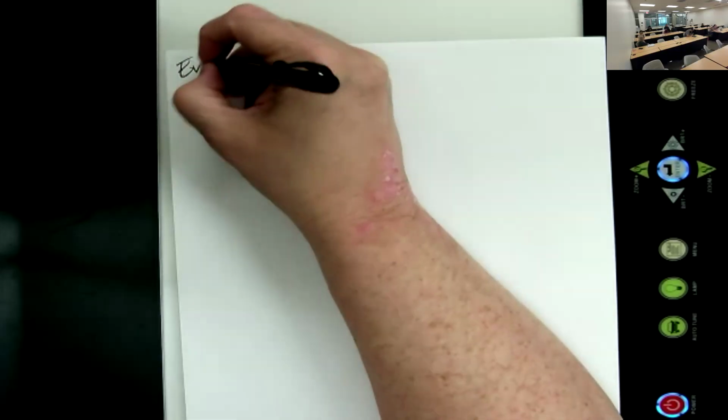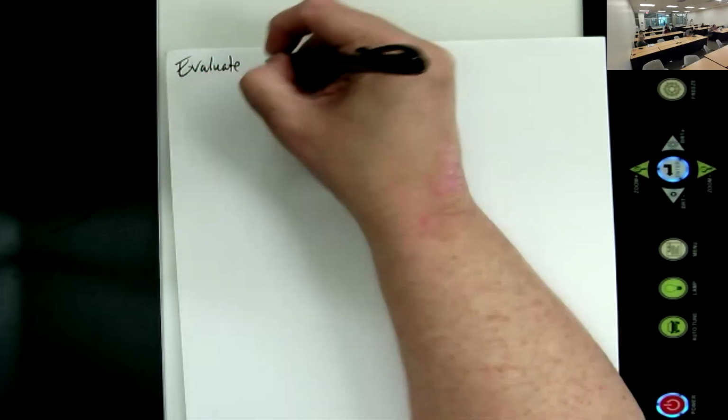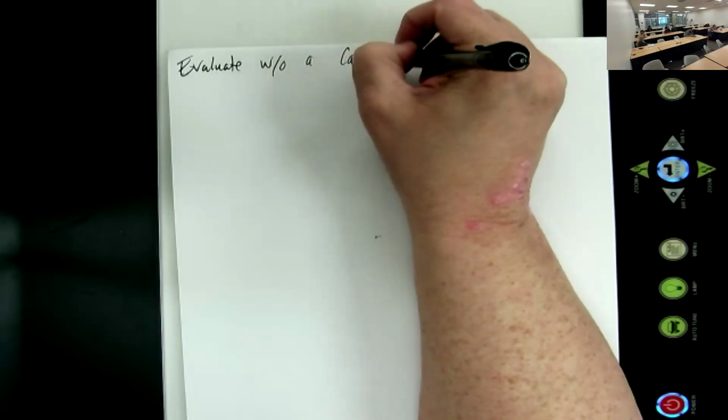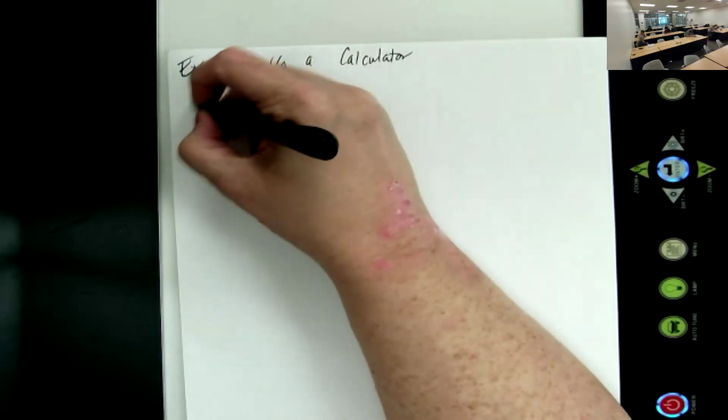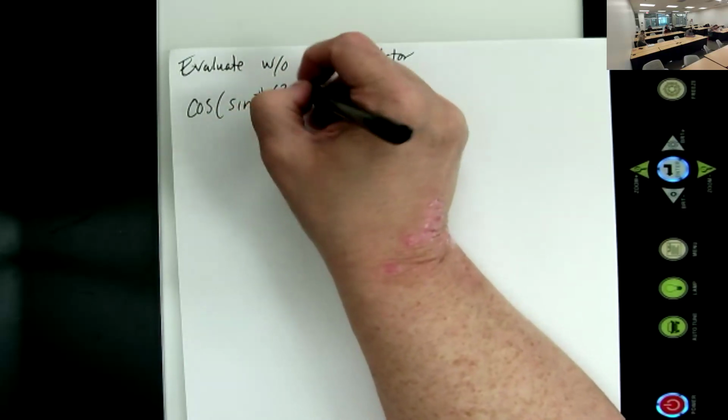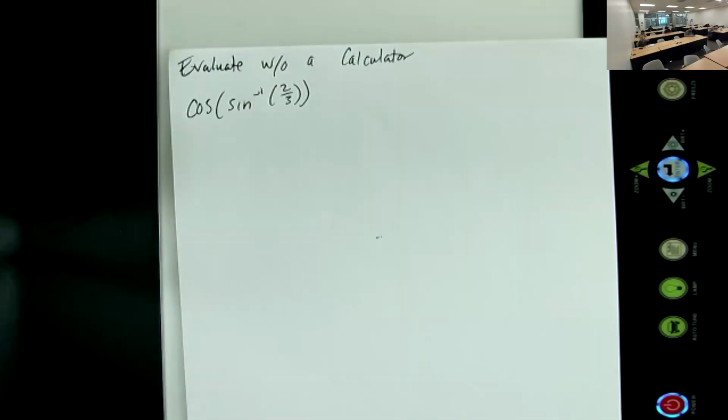So evaluate without a calculator: cosine of sine inverse of 2/3.